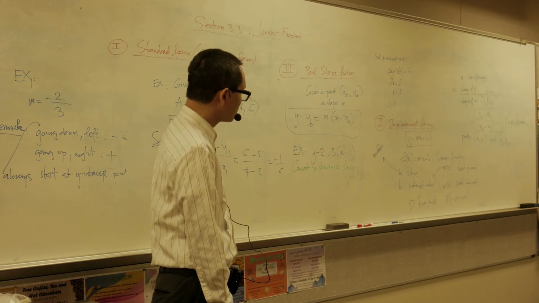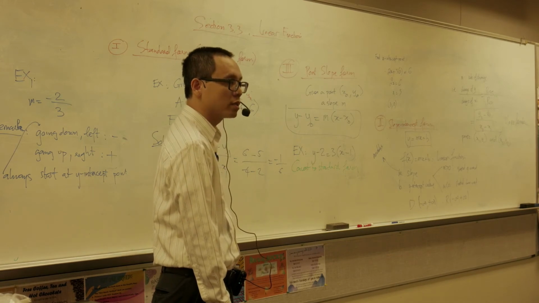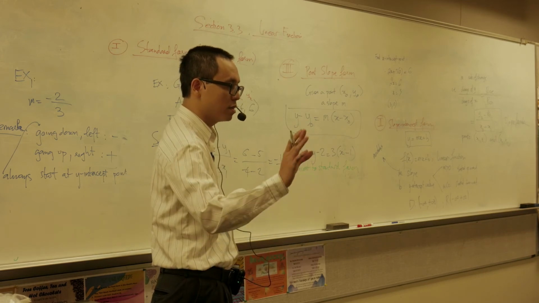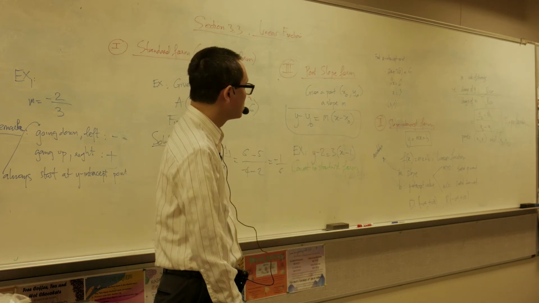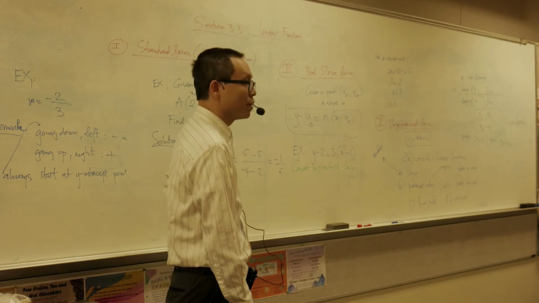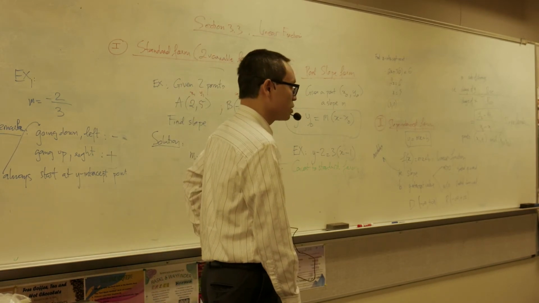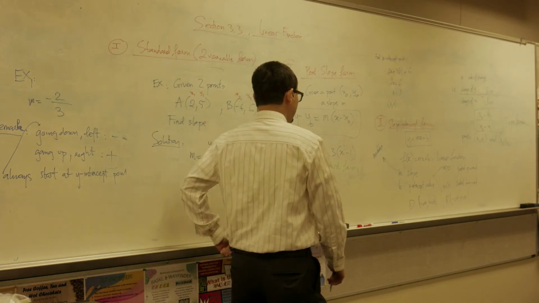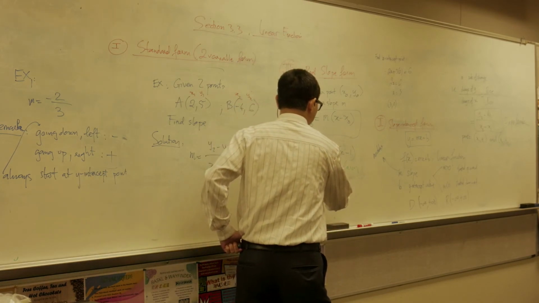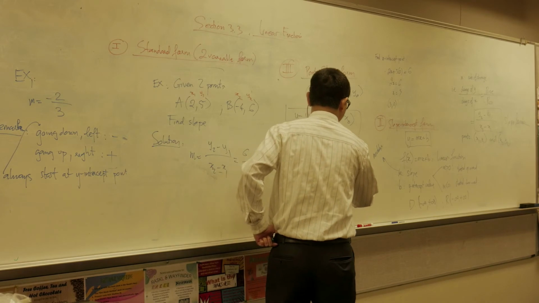Ax plus by equals c means your x and the y must be on one side and this number must be on the other side. So the first step you have to do is you're going to go ahead and distribute the 3 in.